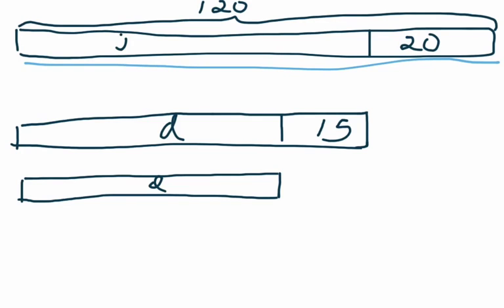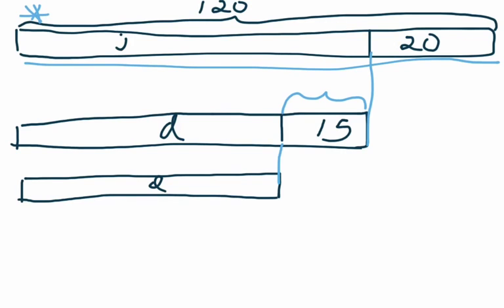Rashad, we know, gained the 15 pounds, and it lines up with what Juan's weight was last year. Diego weighs the same as Rashad did last year, so here's Diego's weight.